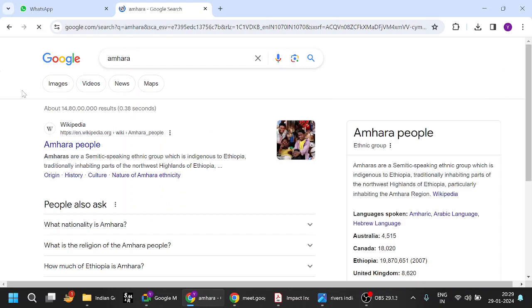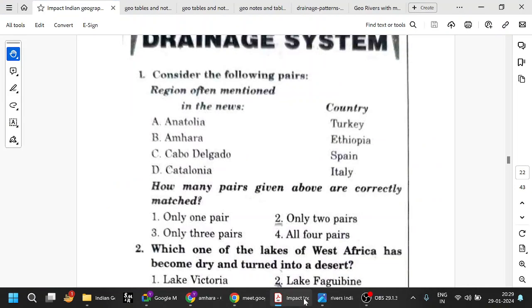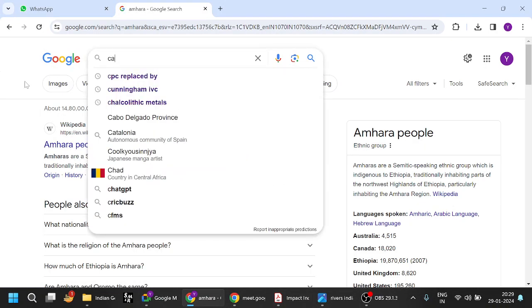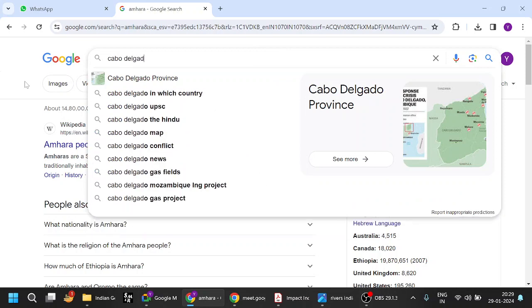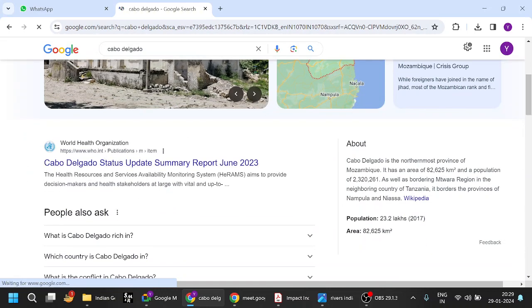Amhara is in Ethiopia. And Cabo Delgado is in Mozambique. Mozambique means Africa.